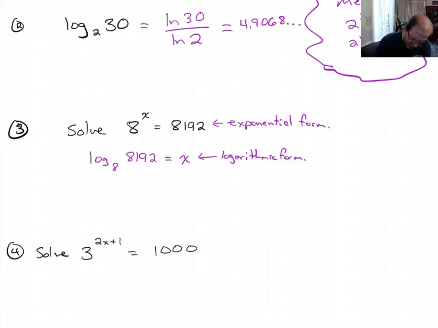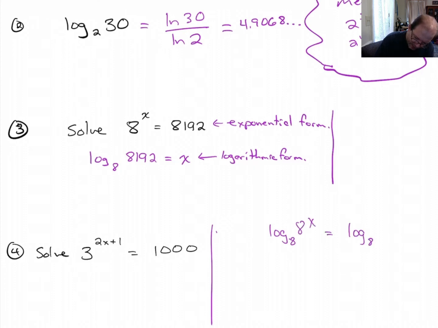Another way of doing this, though, is you could take the base 8 log of both sides. If I did log base 8 of 8 to the x equals log base 8 of 8192, that leads me to the same place, because this right here gives me x is equal to log base 8 of 8192.